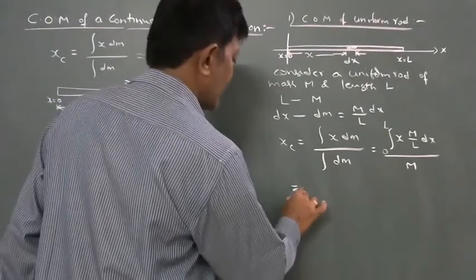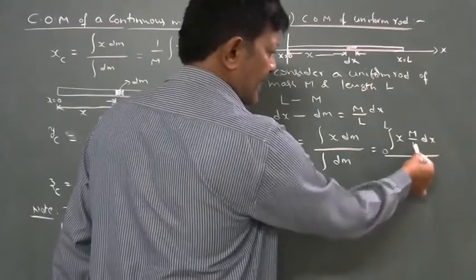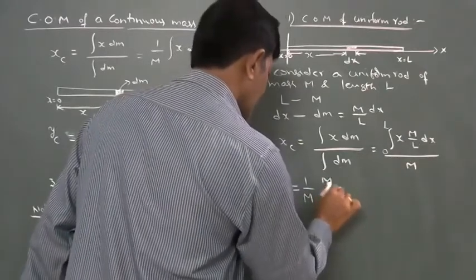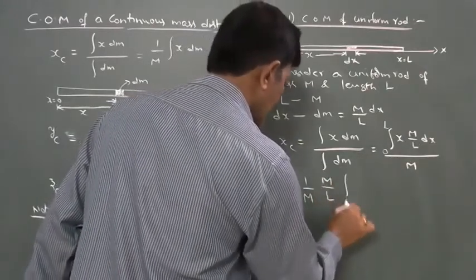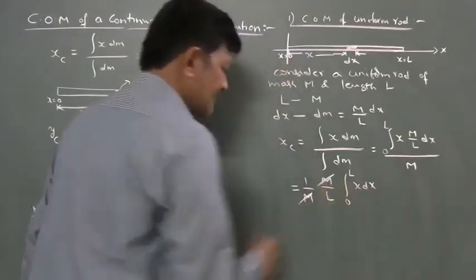This is equal to 1 by m of m by L, which is constant, so m by L is taken out from the integration 0 to L x dx. m gets cancelled here.